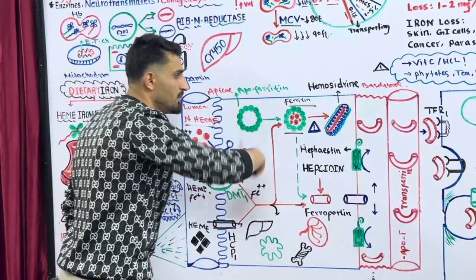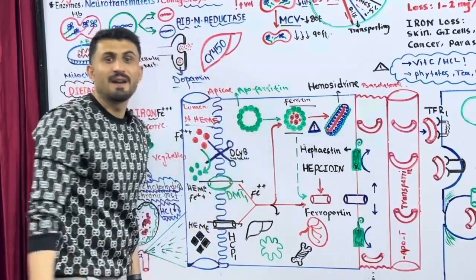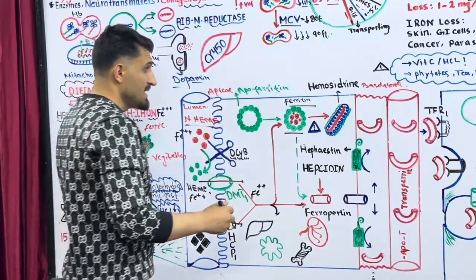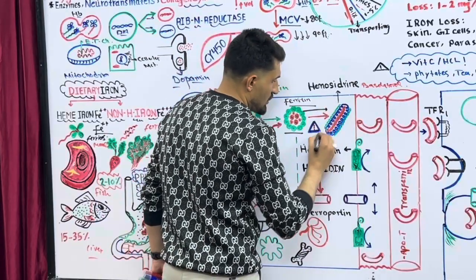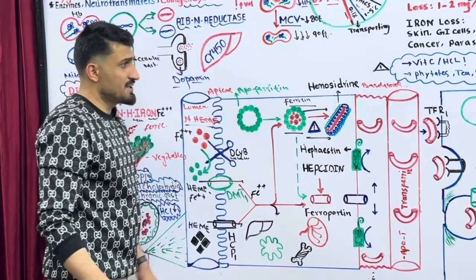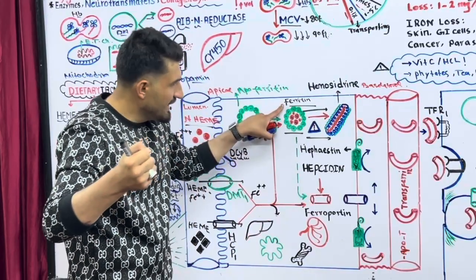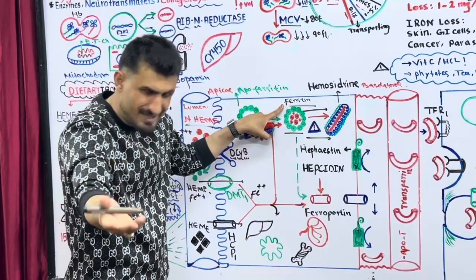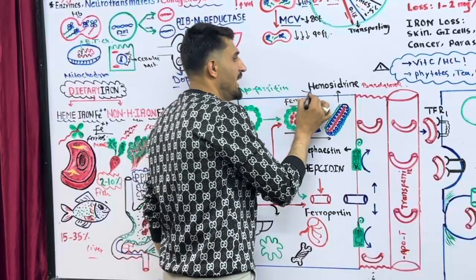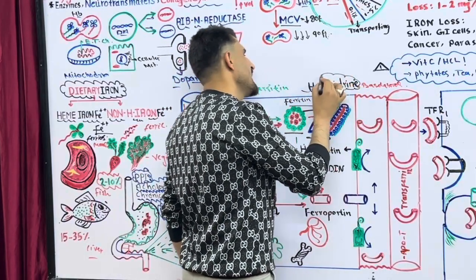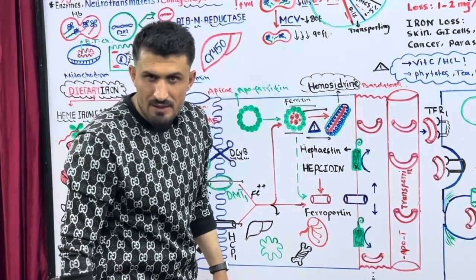So the storage form of iron is called ferritin. Sometimes it can be stored in another, non-soluble form, a very tightly packed form of ferritins plus other proteins plus iron, and this is called hemosiderin.